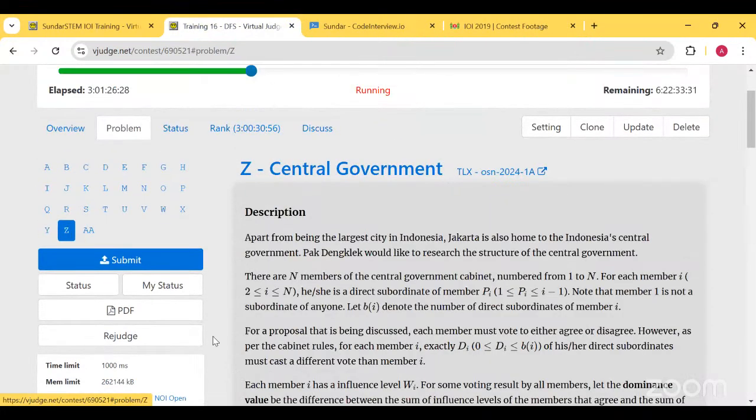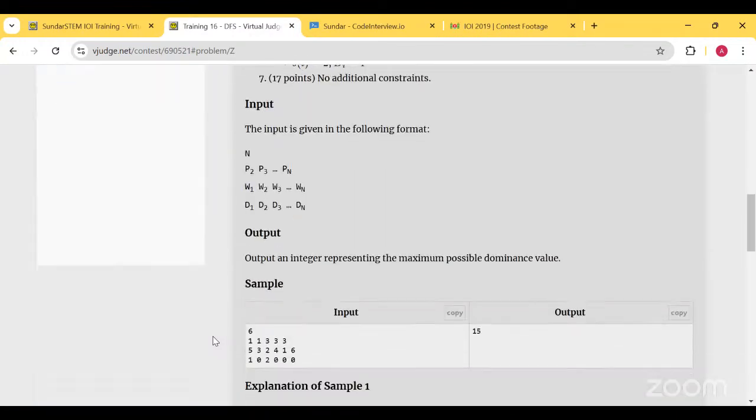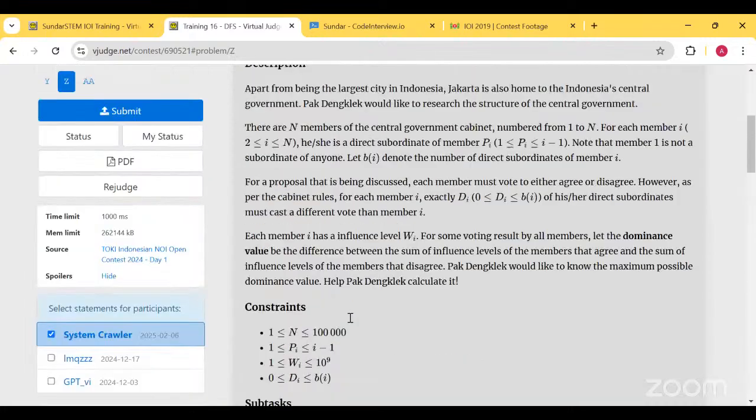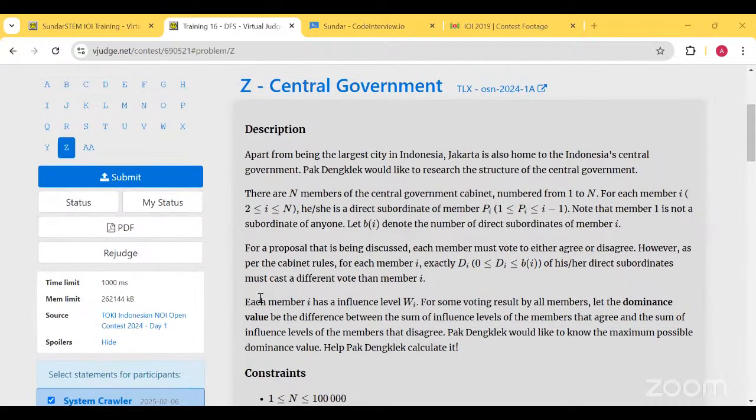So let's move to the previous one. The solution is also DFS. Let's check.